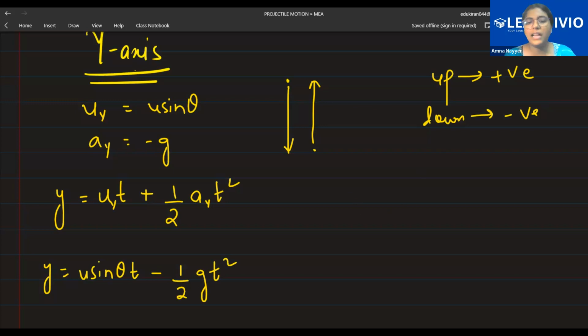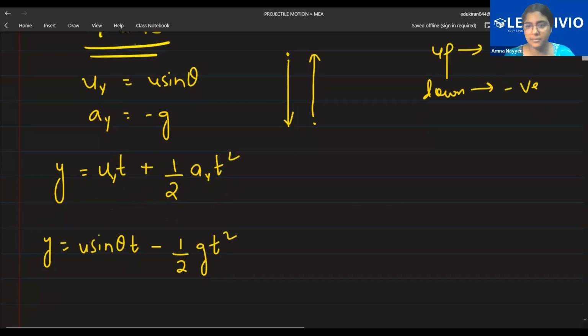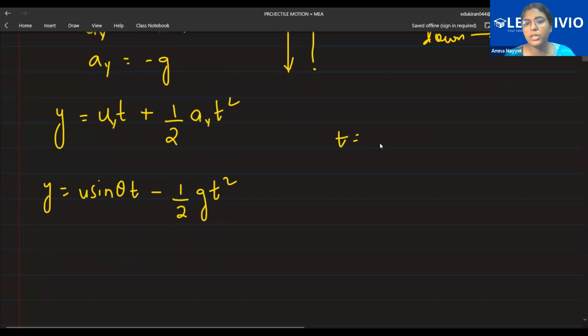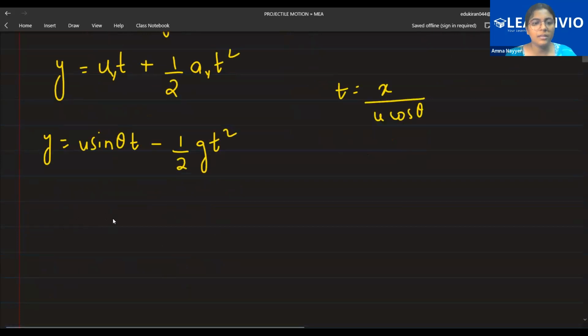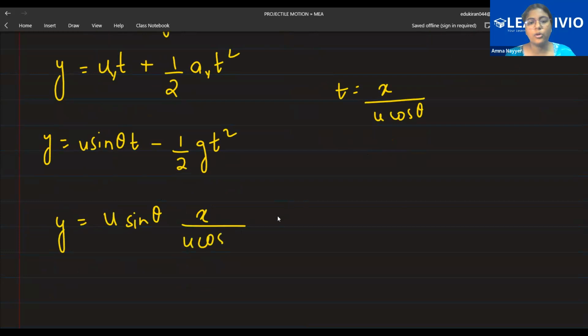Now we have calculated the value of this t, right class? t is equal to x by u cos theta. So let us write down this value. y will be equal to u sine theta t, and t is x by u cos theta, minus half g t square.